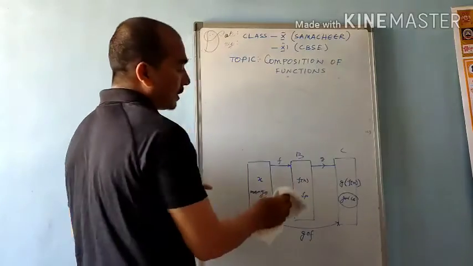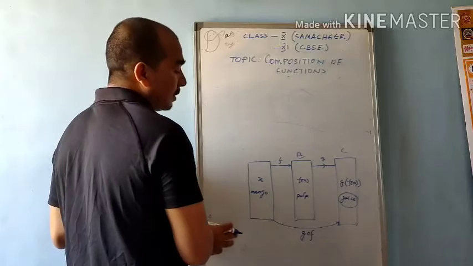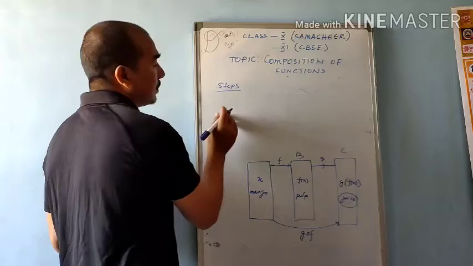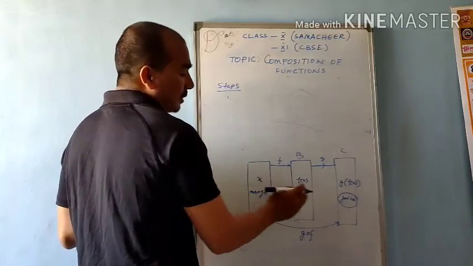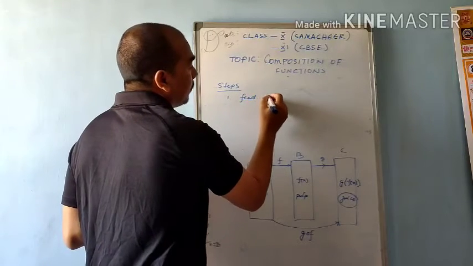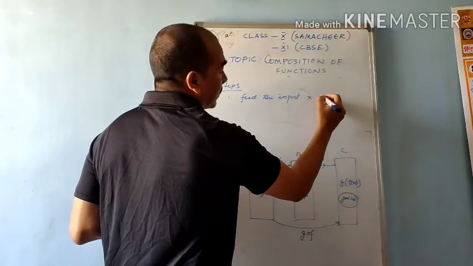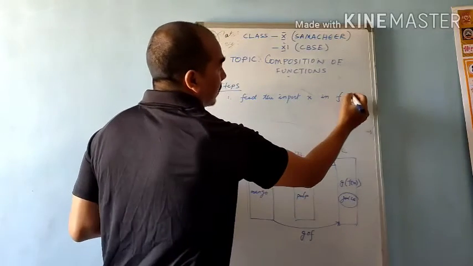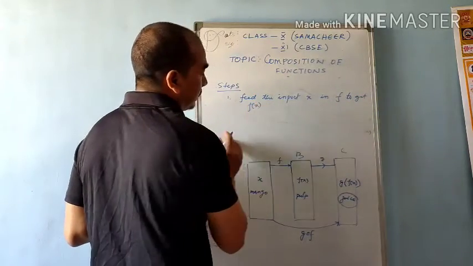Composition of two functions can be completed in two steps. Composition of two functions can be completed in two steps. The first step I already told you here. First, feed the input x in f to get f of x.